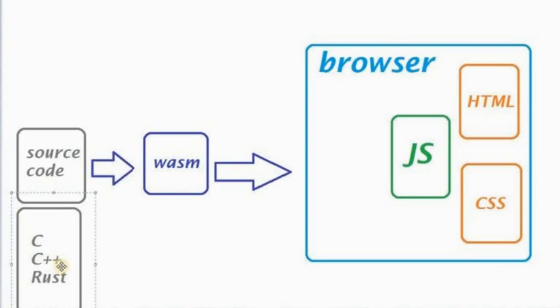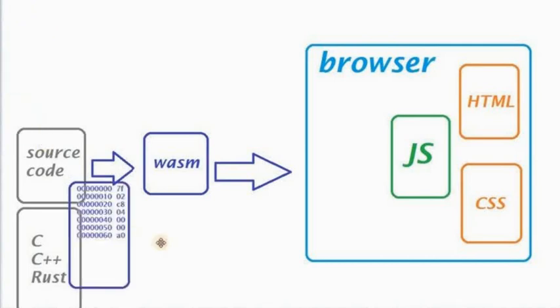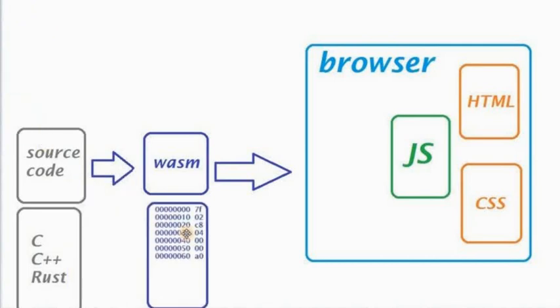But for now, C, C++ and Rust can be compiled into a binary file. We'll have something like this. This is a binary WASM file, which can also be shown in a readable format. A .wat file is provided, which is a readable format.